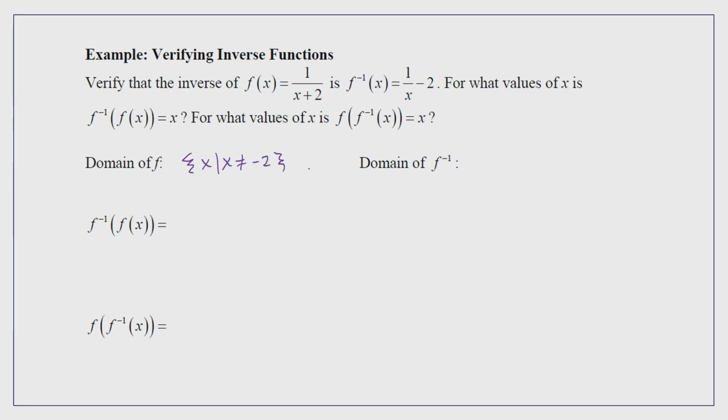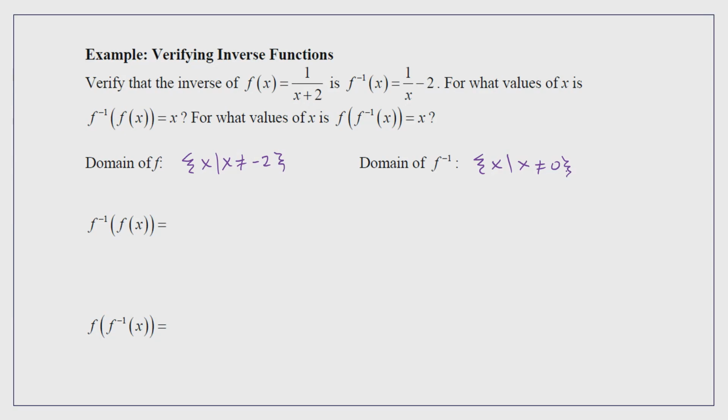For the domain of the inverse function of f, we have 1 divided by x minus 2. Now the denominator for our ratio cannot equal 0, so that means x cannot equal 0. So the domain of the inverse function of f will be all x values except for when x equals 0.